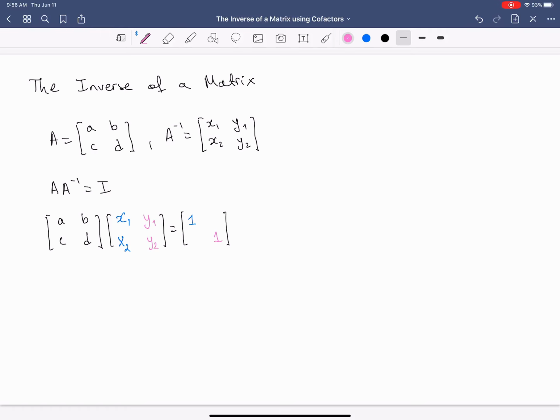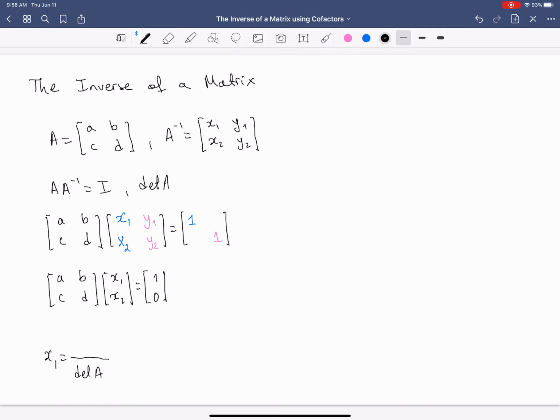So from Cramer's rule, what do we know? If we look at the first system, we have a, b, c, d times x1, x2 equals 1, 0. How do we solve this system? Well, using Cramer's rule, we know x1 equals, I'm not going to be writing a, b, c, d all the time, let me write just the determinant of A. I know that's what is in the denominator, and I know exactly what the determinant of A is.